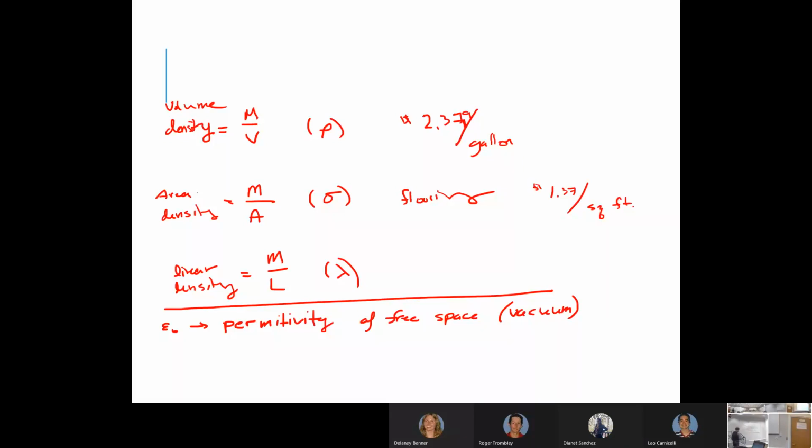Now, just like you have permittivity of free space, you could have permittivity of other materials. You could have the permittivity of air, of copper, of the lipid bilayer. So this is just a number that you can put in for whatever is between your two capacitor plates. We'll talk about empty space and use the permittivity of free space, epsilon naught.